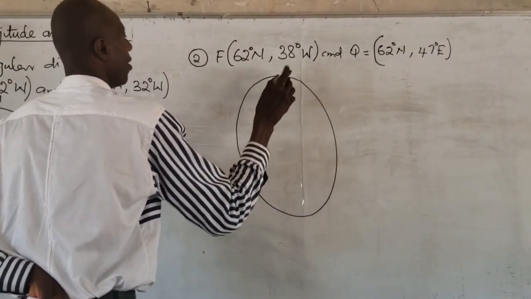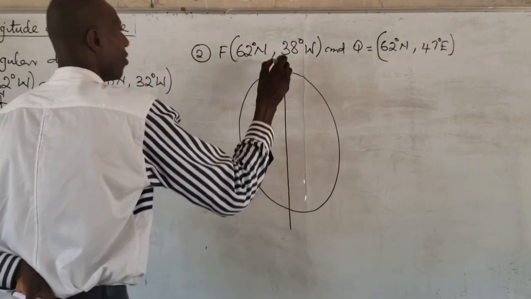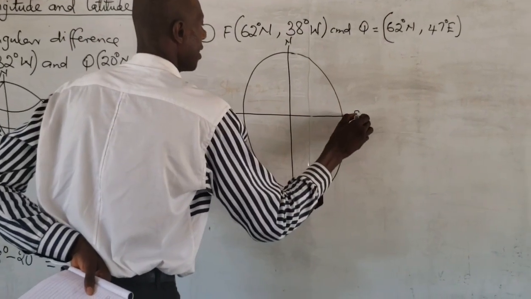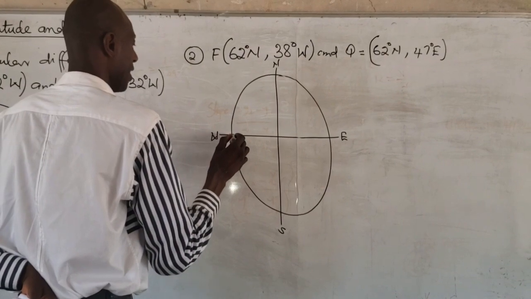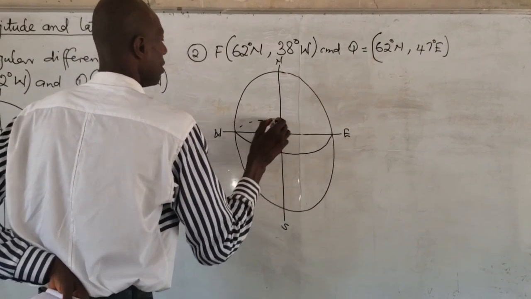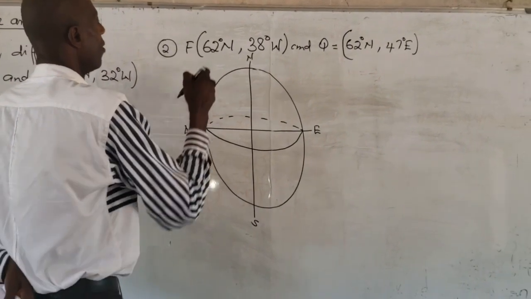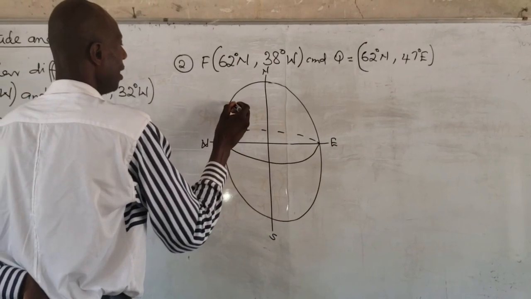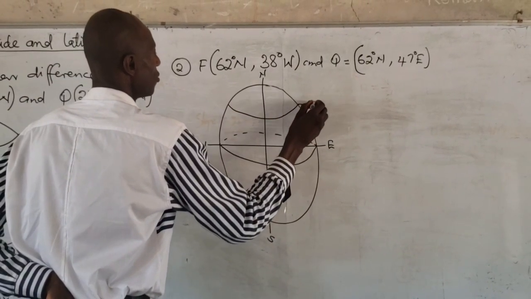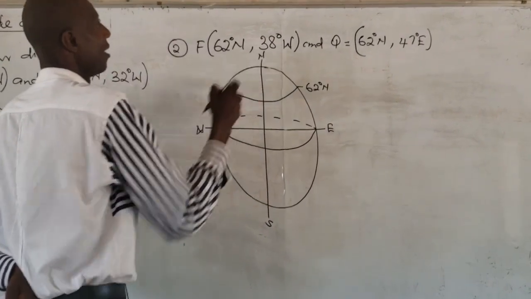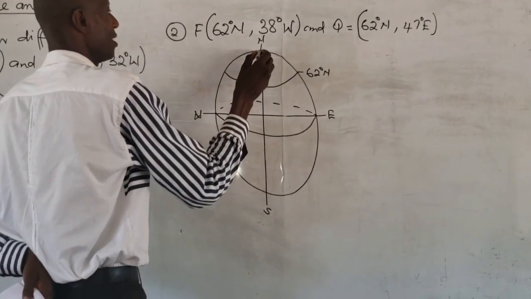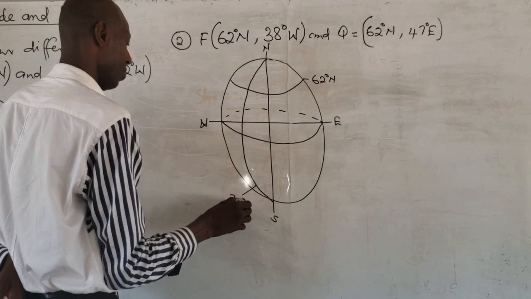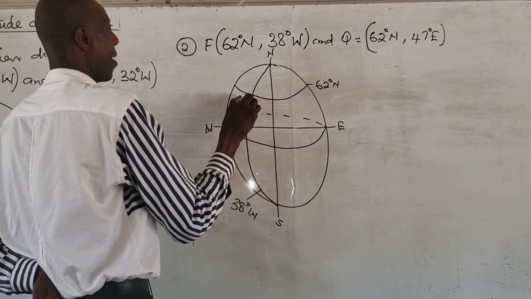When you now draw, yes, your North Pole, South Pole, East, and here is your West. And this is the equator. Now, the latitude is 62 degrees north. It comes to the north. And the longitude is 38 degrees west. It's coming to the west.